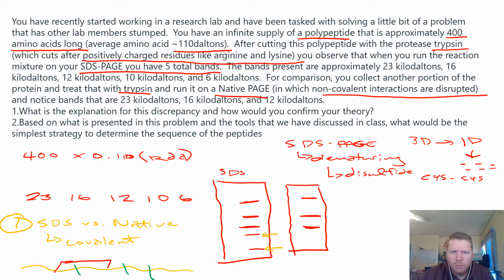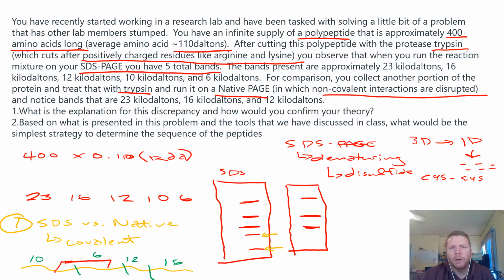That would be, we'd need a total of 1, 2, 3, 4. Yeah, so it would cut something like this. Now, one way that you could view this is 10 kilodaltons, this is 6, and I'm not drawing this to scale well. This is 12, and this is 16.